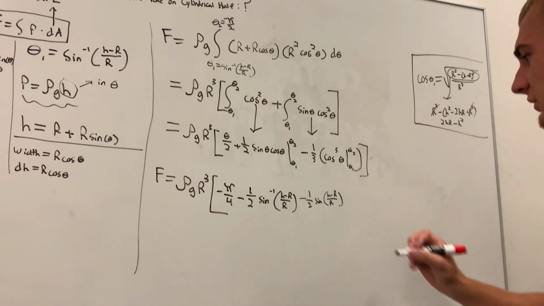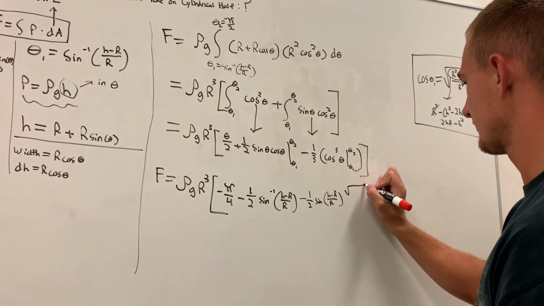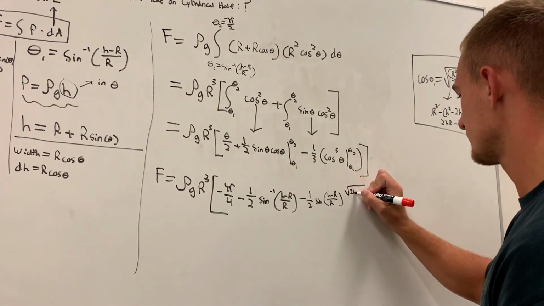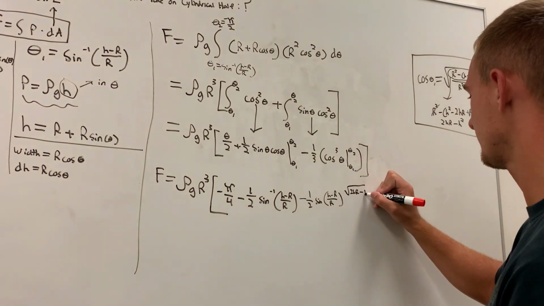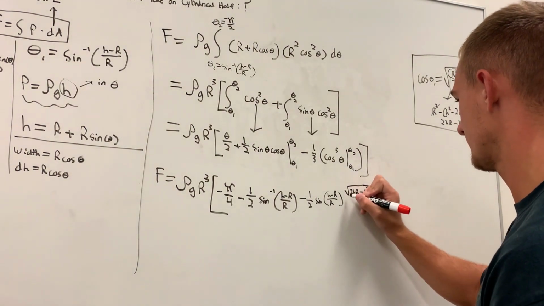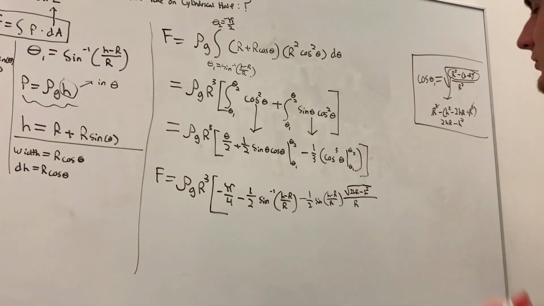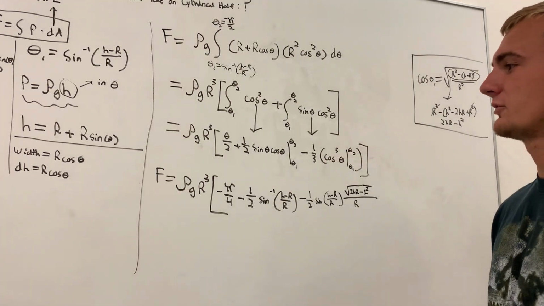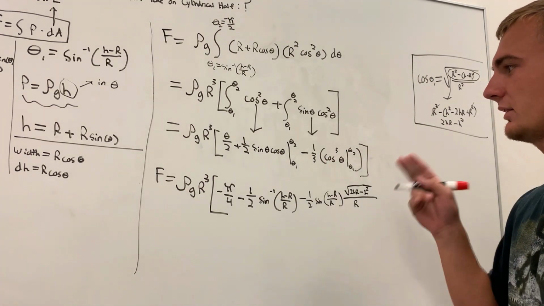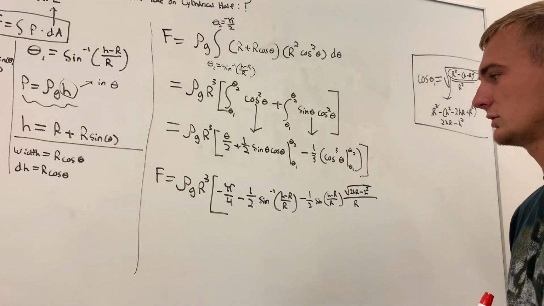So this will be multiplied by the square root of 2hr minus h squared, all under the square root, over r, just taking the square root of r squared. So that's for our first term, evaluated at theta 2 and theta 1.